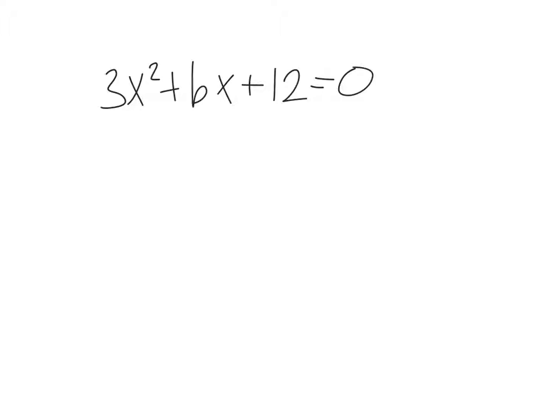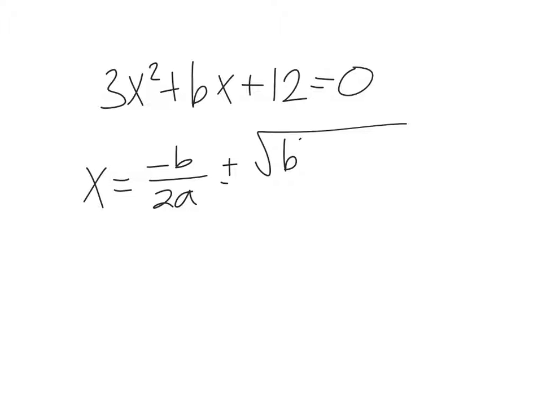Third problem, we've got 3x squared plus bx plus 12 is equal to 0. And we want to know that there are two imaginary solutions to the equation. Okay, so I got to think about this. We know that quadratic formula-wise, this is negative b over 2a plus or minus the square root, b squared minus 4ac all over 2a.